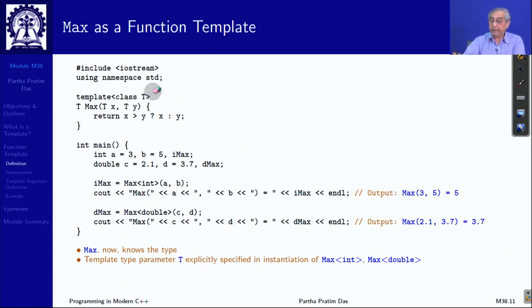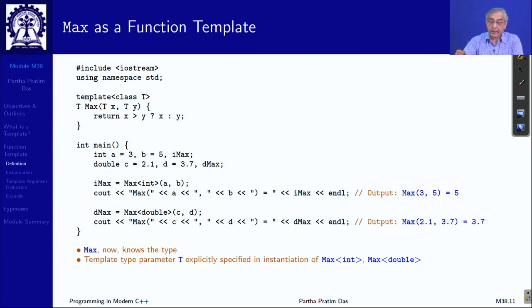Now, having put that, what T becomes, T is neither integer nor double nor my class nor complex, T is a type variable. So far we have dealt with value variables, where the type is known and the value is changing. Here the type itself is not known, I can give it a type.